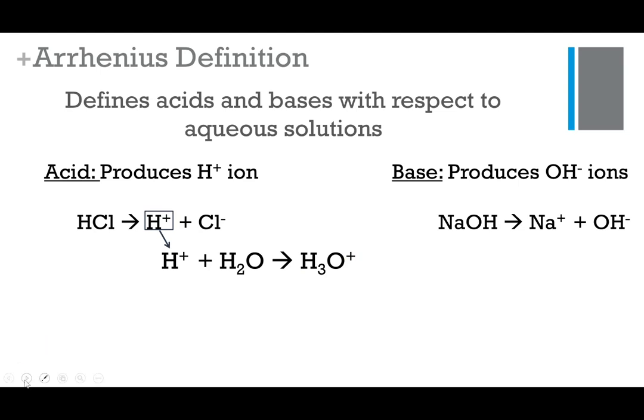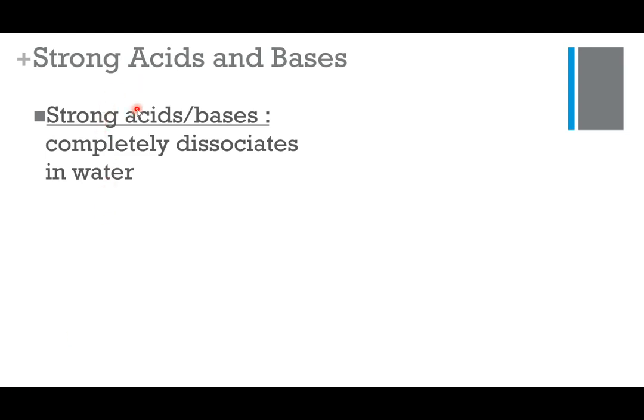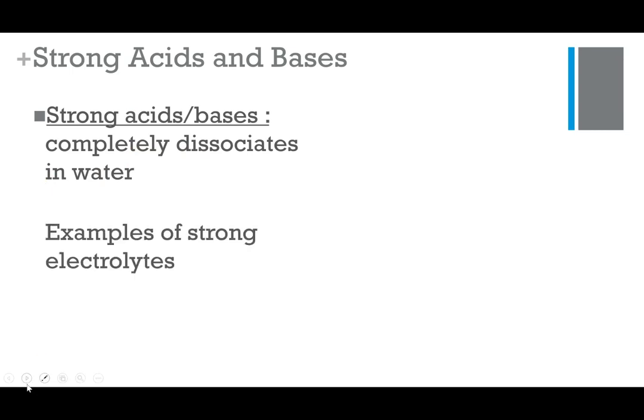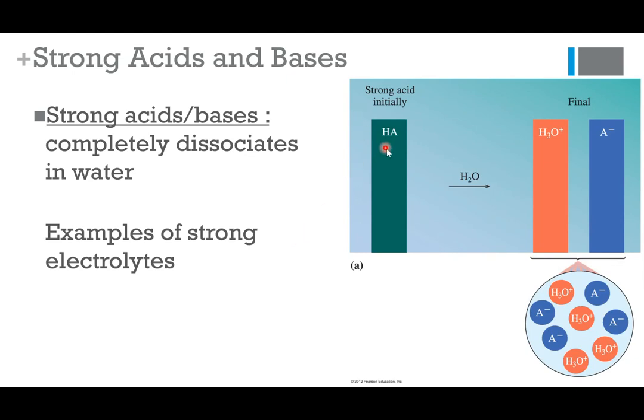The last thing we're going to talk about, and this is where we tie back to chapter 9 very beautifully, is this idea of strong acids and bases versus weak acids and bases. Very often you'll hear people say, be careful with that, it's a strong acid. A strong acid and a strong electrolyte are defined the exact same way. A strong acid or a strong electrolyte is something that completely dissociates in water, so it will completely break apart into its ions.